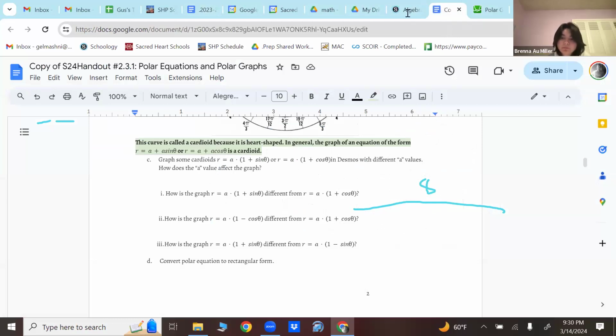Okay, convert polar equation to rectangular form. You could replace sine theta with y over r. So you would have something like this here.